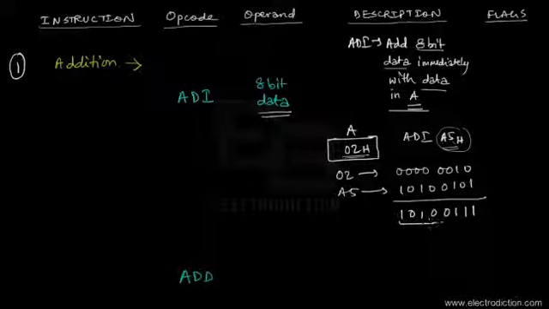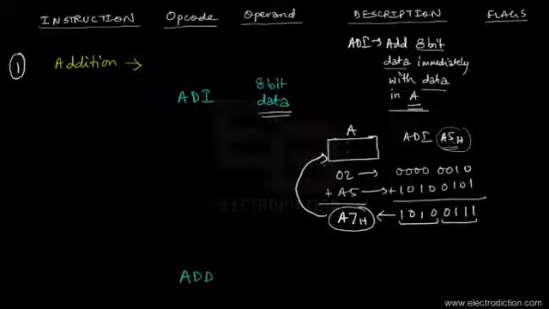Now if you divide it into groups of 4, then you'll see this entire binary code corresponds to a hex value of A7H. Once you've added these two data, this particular data, that is A7H, after this instruction ADI is executed, will be stored in the accumulator itself.